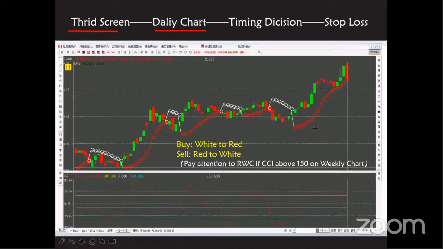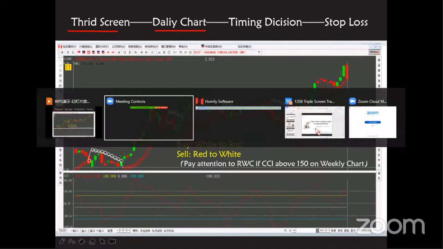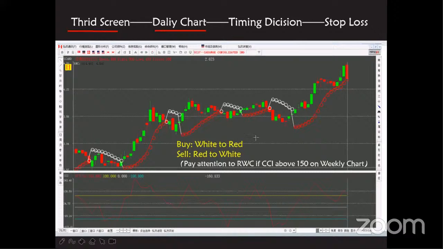But actually, for RWC, the theory behind this indicator is not so easy, and maybe later I will show you the software.